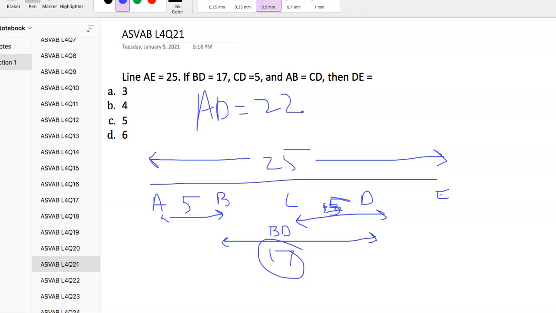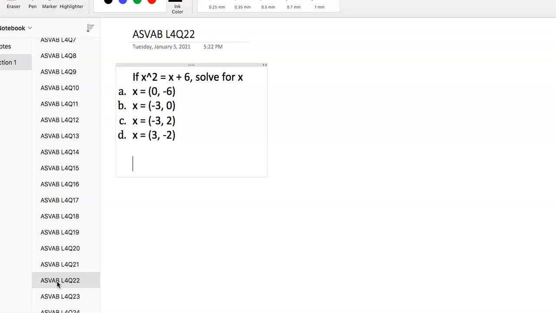That's just adding this guy and that guy. AD is 22. All that's left is DE. The total is 25. So we just take 25 minus 22, and we end up with 3. Alrighty. We're closing in, guys. 3 left.